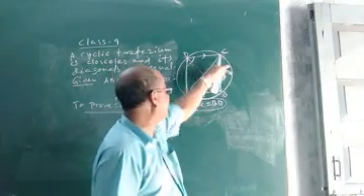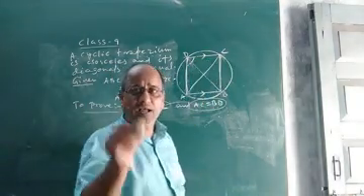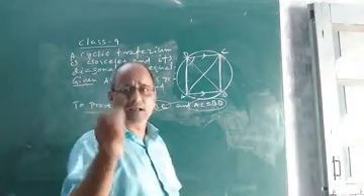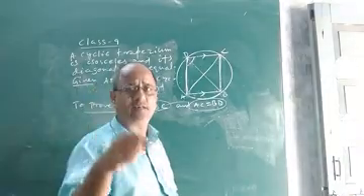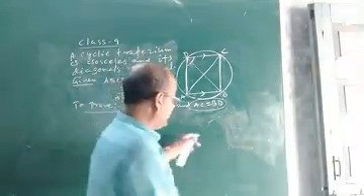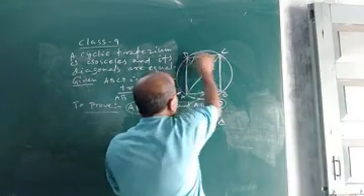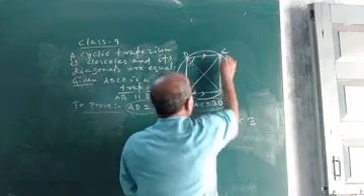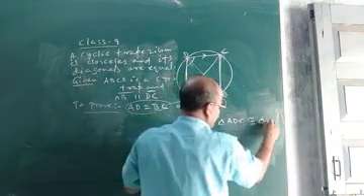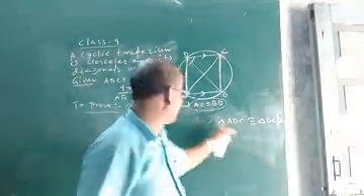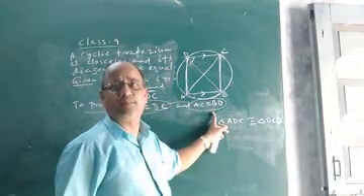If triangle ADC and triangle BCD can be proved congruent by any congruence criteria like SAS, SSS, ASA, AAS, RHS, whatever congruence conditions you have already read, then automatically the result will follow by CPCT.